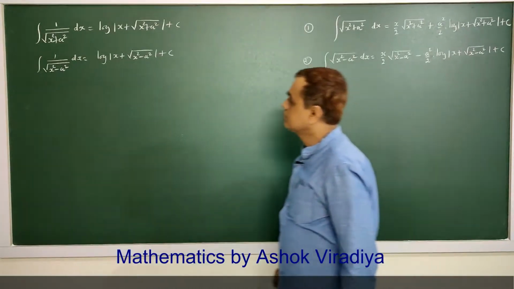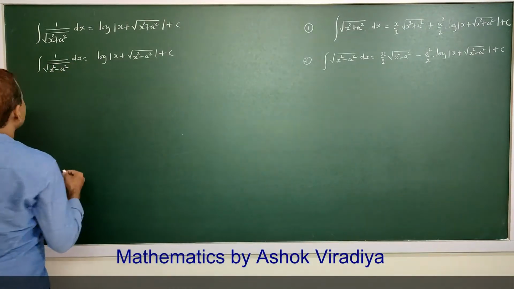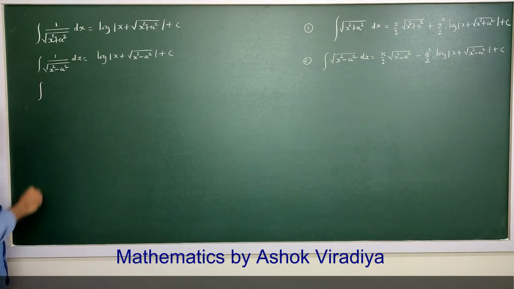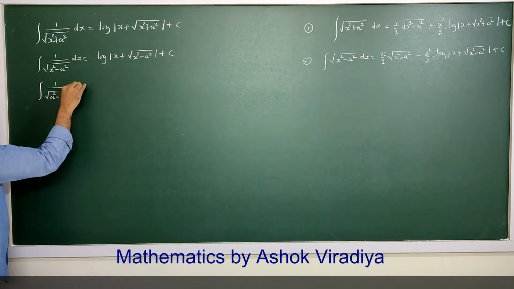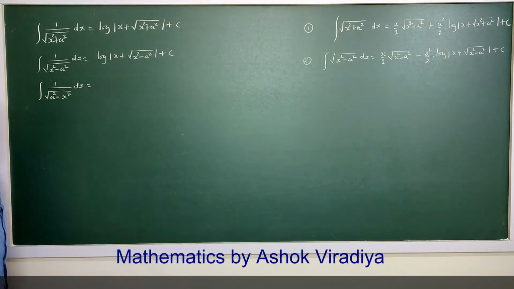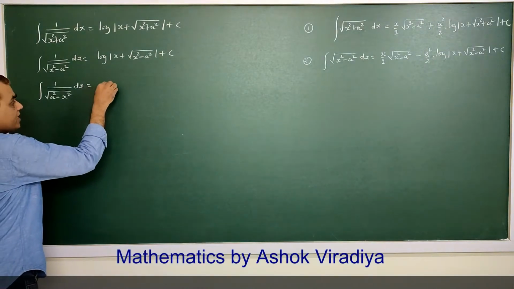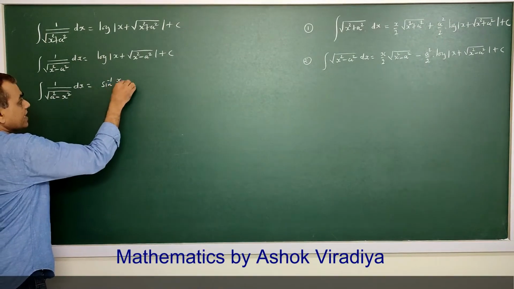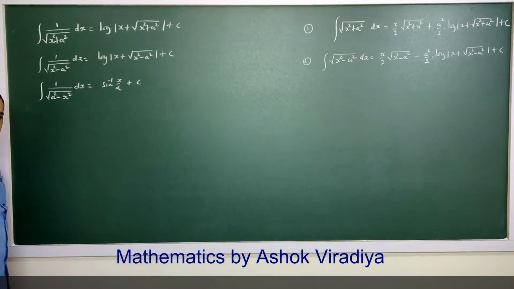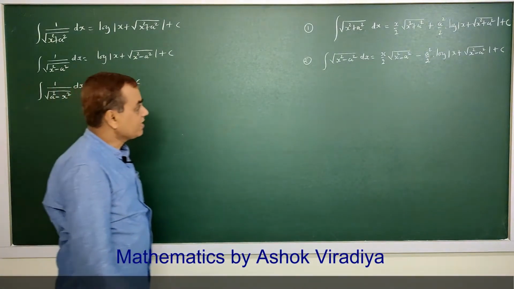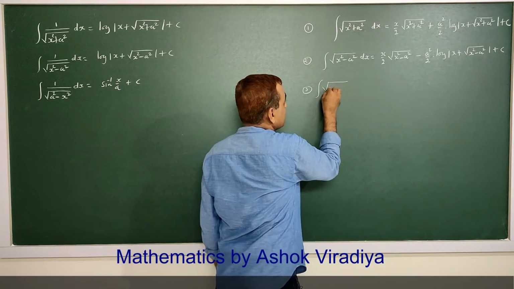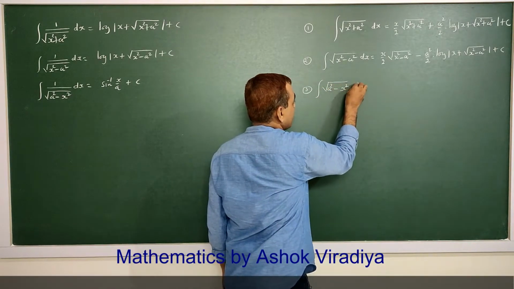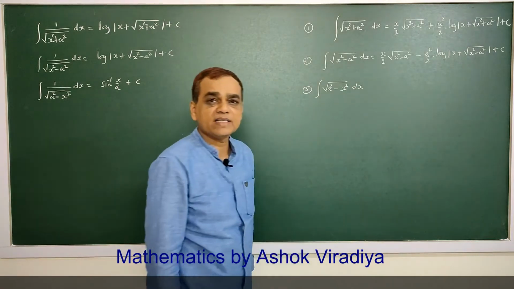Third result: integral of 1 upon root a square minus x square. It was sine inverse x upon a plus c. Now here I am putting root a square minus x square.